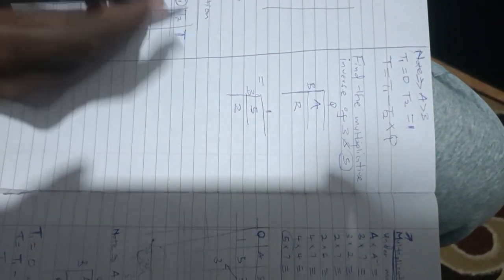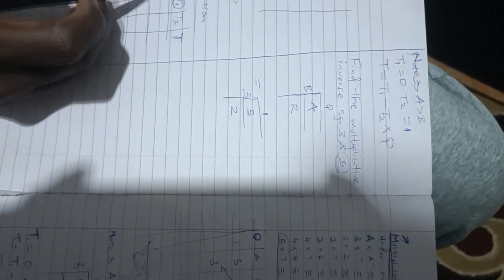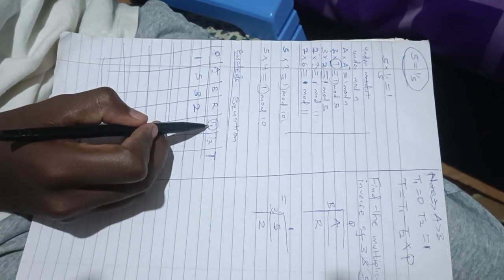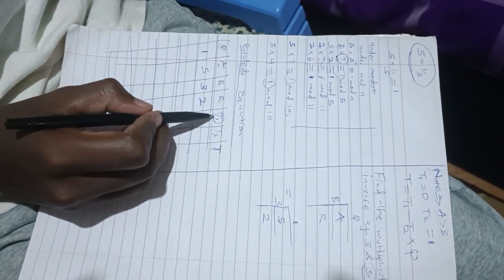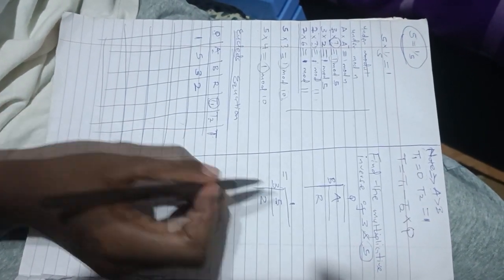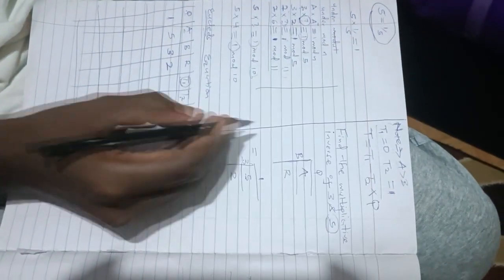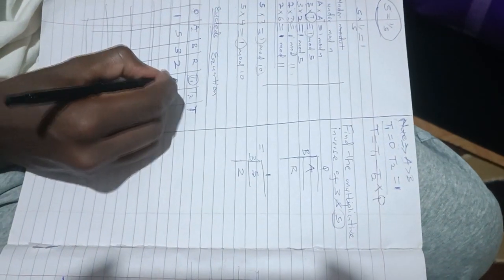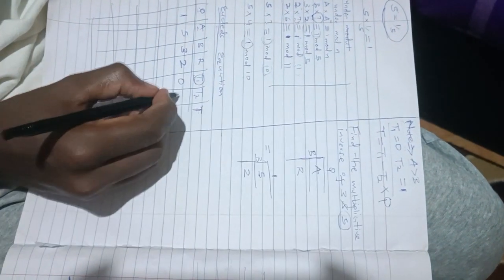So for this case, quotient is 1, remainder is 2. So for us to calculate the values of T, always from this note, T1 is 0 and T2 is 1.